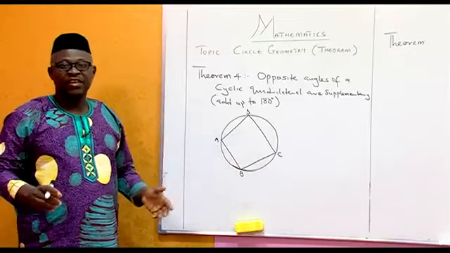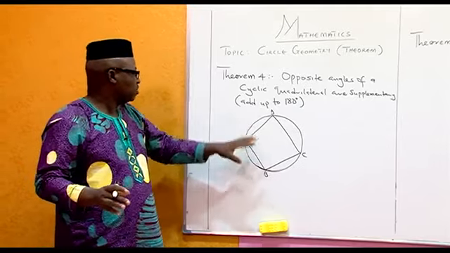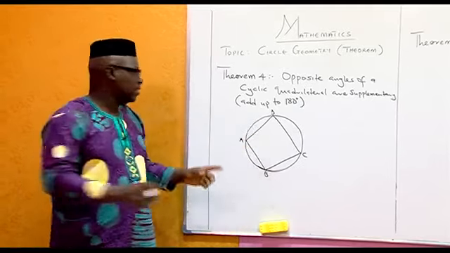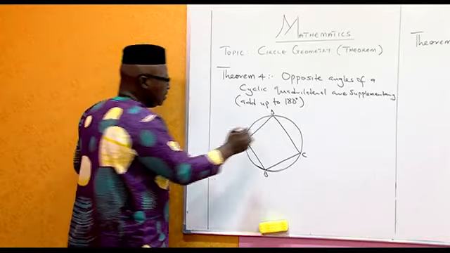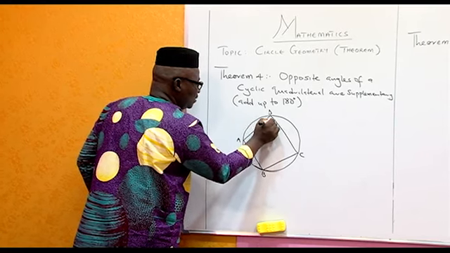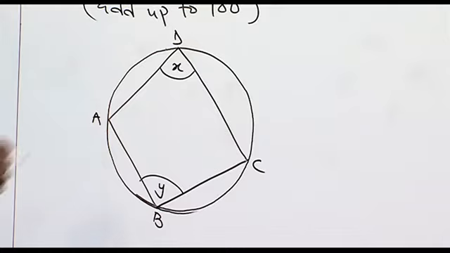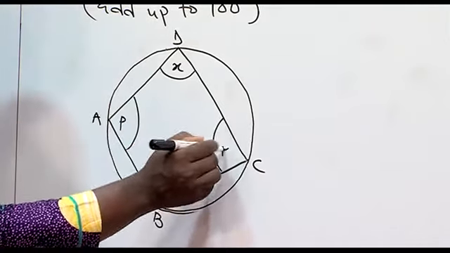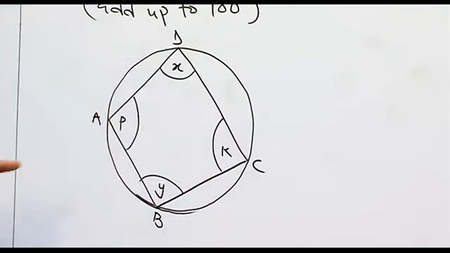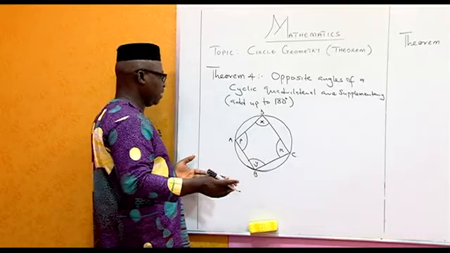A quadrilateral is a plane shape having 4 straight sides. If you look at this plane shape, it is inscribed in the circle such that all the vertices are on the circumference. So this is a cyclic quadrilateral. Now, if this angle here is X, and the one here is Y, and the one here is P, while this is K, what this theorem is telling us is that if I add this angle and this together, I'll have 180.